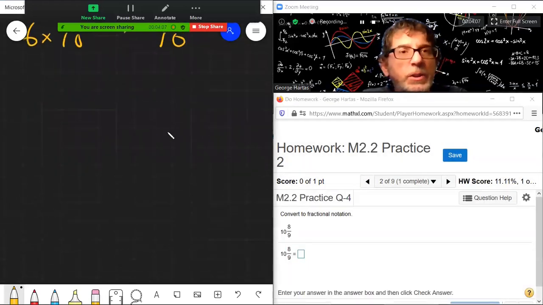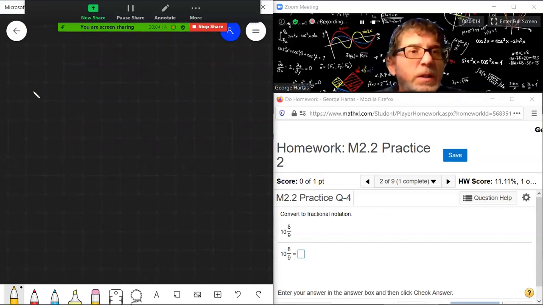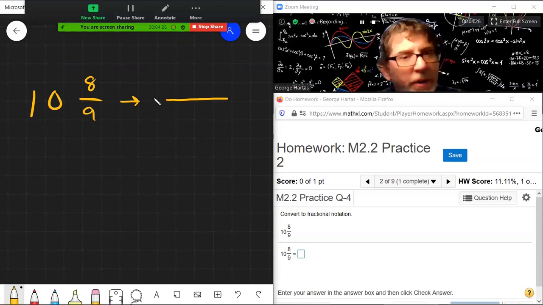All right, so more practice here. Same scenario. 10 and 8/9. We know the result of this conversion is going to be a fraction. There it is. Put the fraction bar. We also know the denominator is going to stay the same. Put it here.